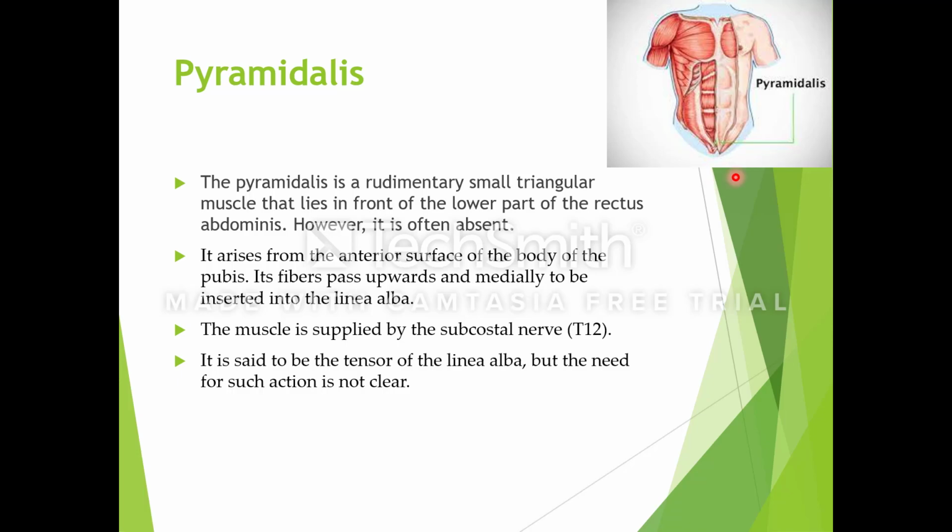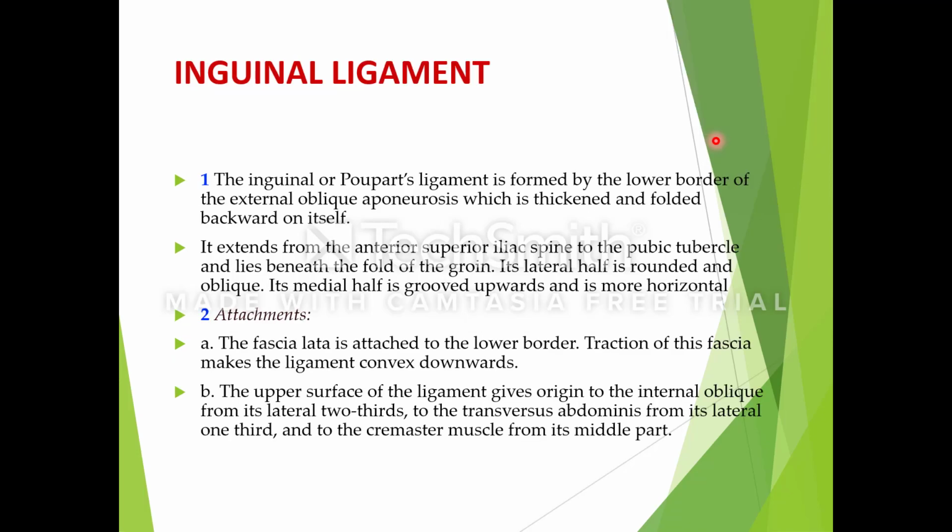This muscle is supplied by the subcostal nerve, which is the 12th thoracic nerve, T12. This question can also come in your exam, with which nerve the pyramidalis is supplied and what is the root value of that nerve. So this is the subcostal nerve or 12th thoracic nerve. This is the muscle which makes the linea alba tense, but its action is not clear.